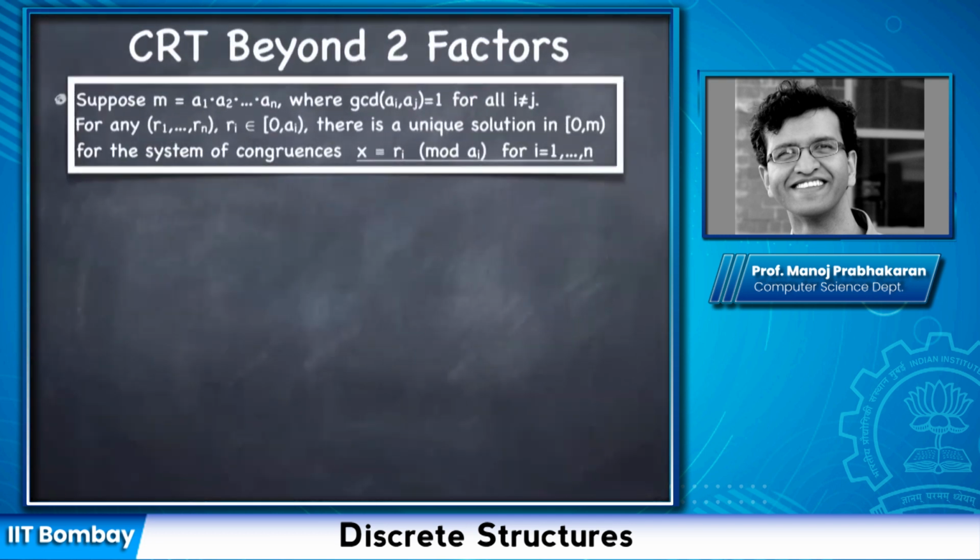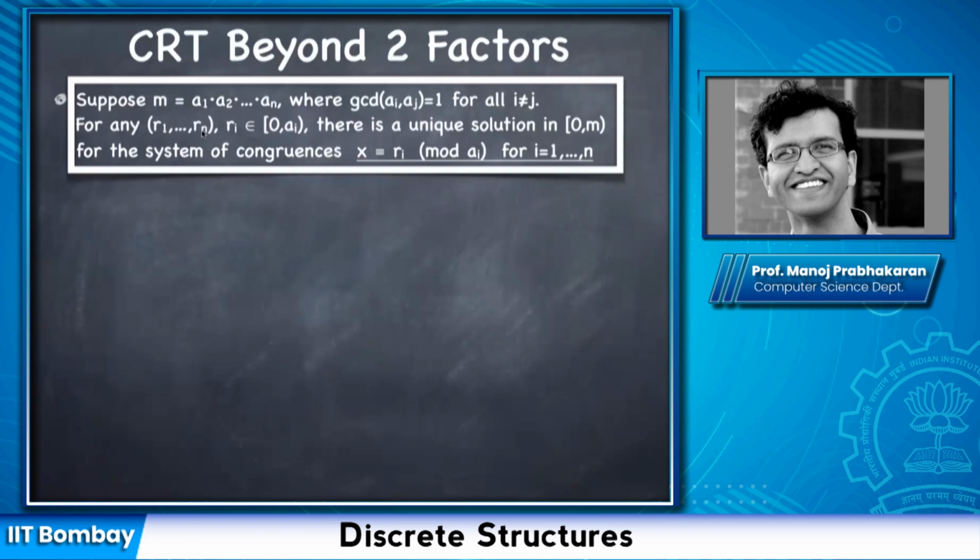We'll conclude with one more thing. We'll extend the Chinese remainder theorem beyond a product of two factors. So here I've written M as a product of n factors, a1 to an, such that every pair ai, aj are co-prime with each other. And the claim is, CRT was originally for n equal to 2, but the same claim holds for larger n.